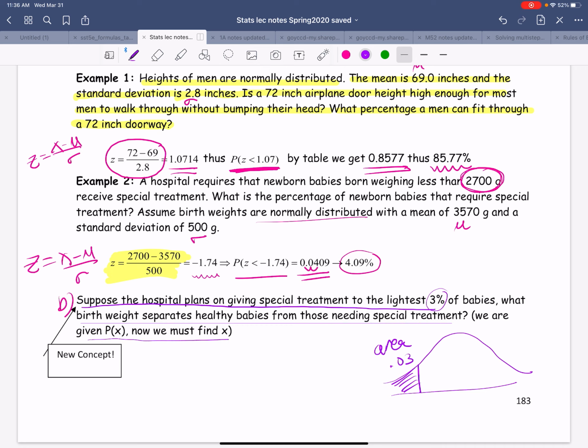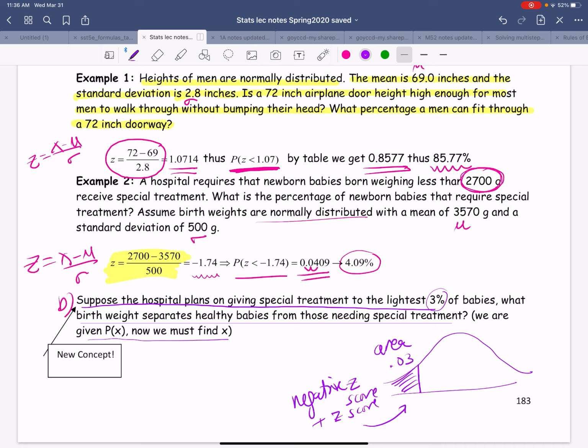We're given the probability, and we're looking for the data value now, the weight. So anytime you're given the probability or area, we're going to look in the body of the table. And also think about whether this is going to be a negative z-score or a positive z-score.